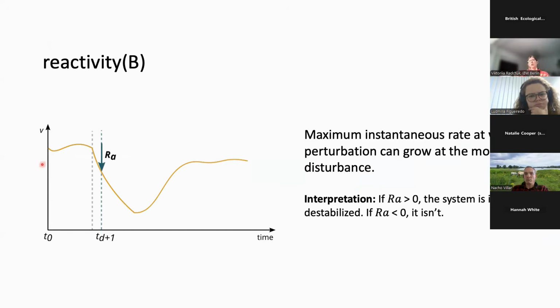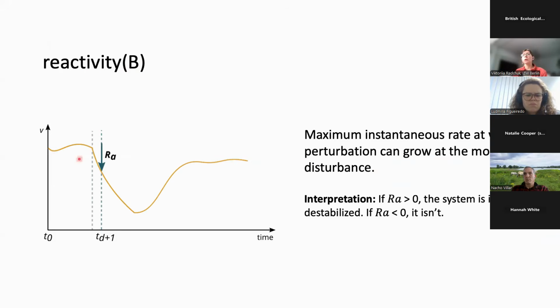Now, each function has a name that is very similar to the metric itself. So reactivity is exactly called like that, and we only give as input our matrix B. And reactivity is the maximum instantaneous rate at which a perturbation can grow at the moment of disturbance.